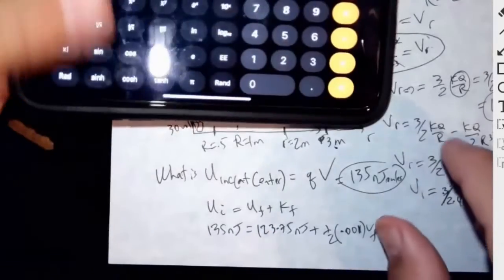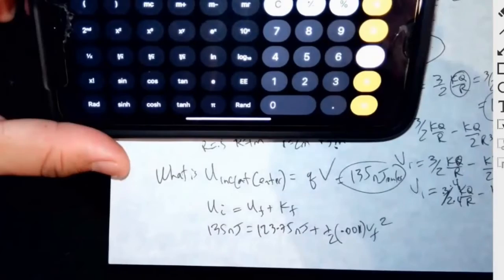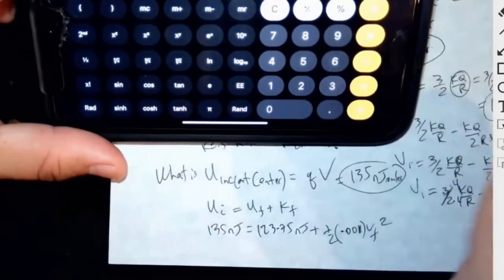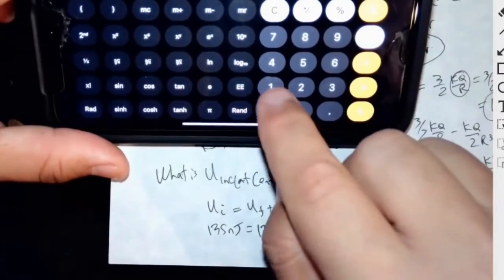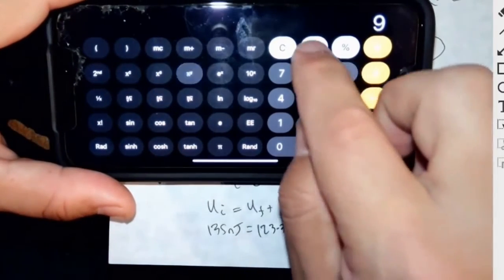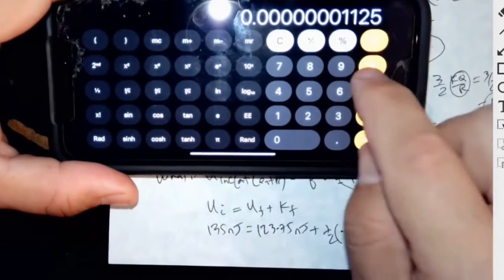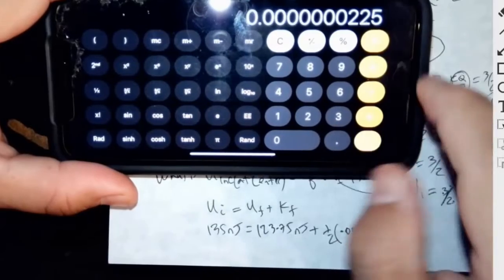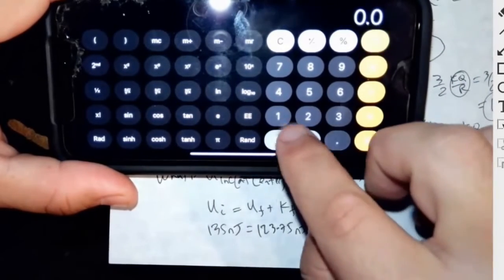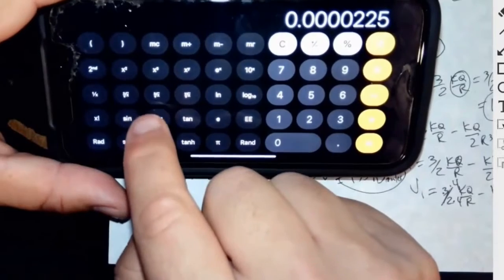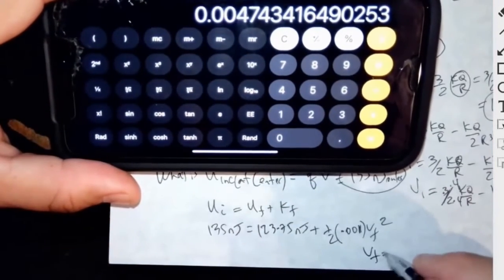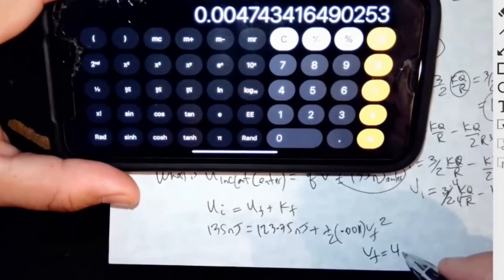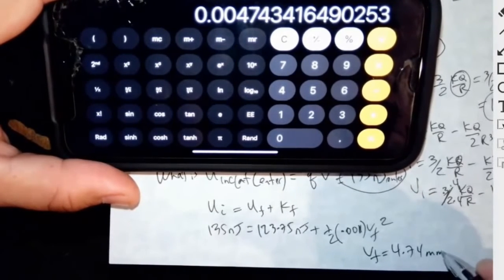So then what would that be? 135 minus 123.75, but then that's times 10 to the minus 9, times 2 divided by 0.001, square root. It's not going to be fast. Okay, v final is going to be 4.74 millimeters per second.